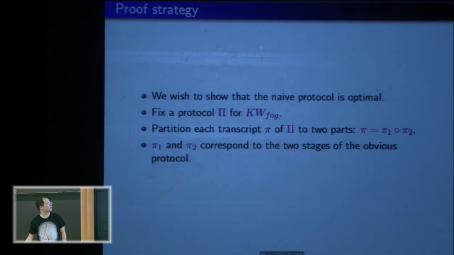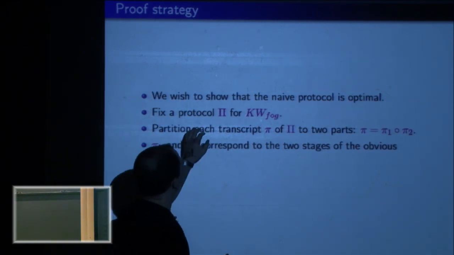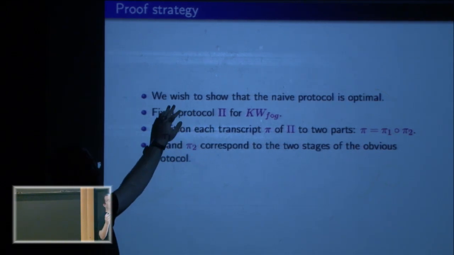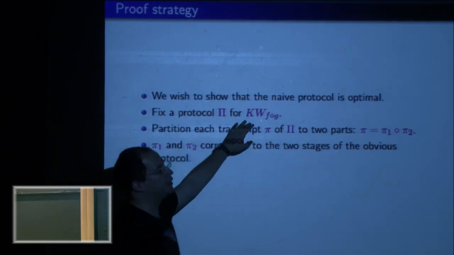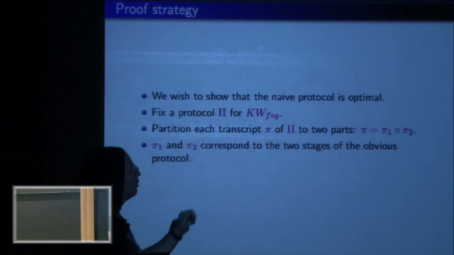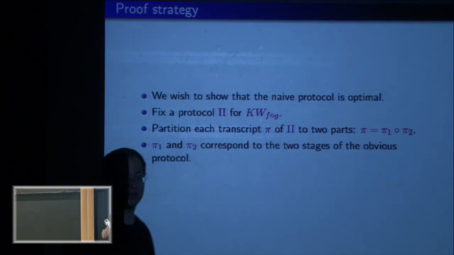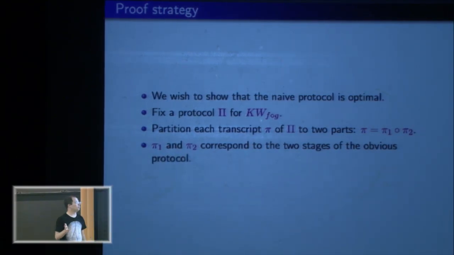So what would be our proof strategy? Well, first, we wish to prove that the naive protocol is optimal. Let's fix any protocol that solves the Karchmer-Wigderson relation of the composition, call it capital pi. Now we are going to look at the transcripts of this fixed protocol, and partition them into two parts, which we'll call pi 1 and pi 2.